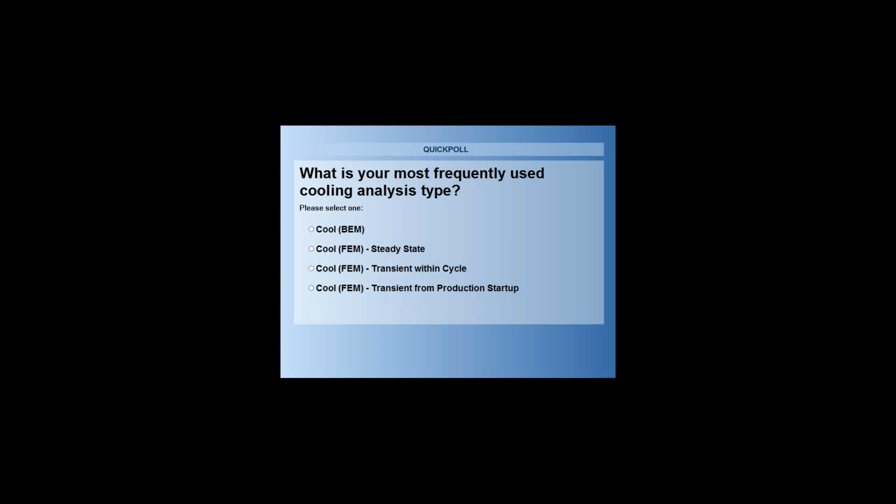Thank you all for participating in this. It looks like we're still gathering some results here. So far, it looks like the BEM analysis is the go-to for most of us. We'll give it another minute here.